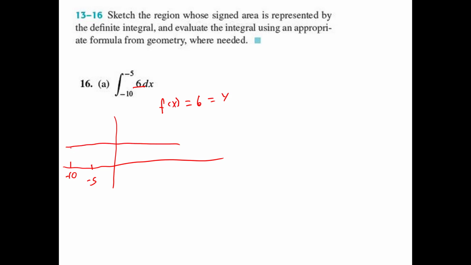All we're trying to do is find the area under this curve over this interval. Well, that's just a rectangle, so the area is the width, -5 minus -10, which is 5, times the height, which is 6. So that definite integral is 30. And there we go.